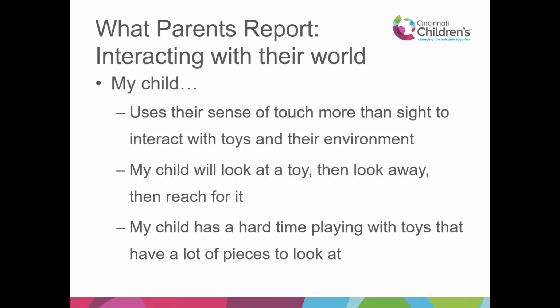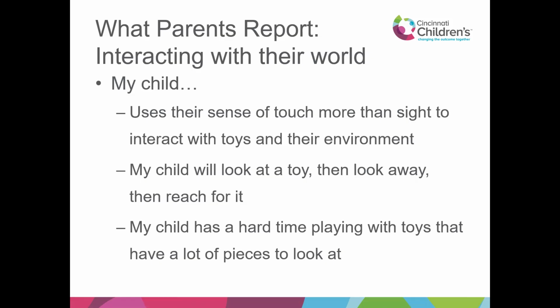And for parents, when they report on how their child interacts with the world using their body and their vision together, we may sometimes hear that a parent sees that their child uses their sense of touch more than their sense of sight to interact with toys in their environment. They may say that their child will look at a toy and then look away from it and then reach for it.